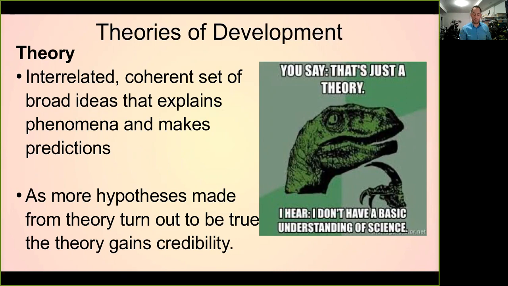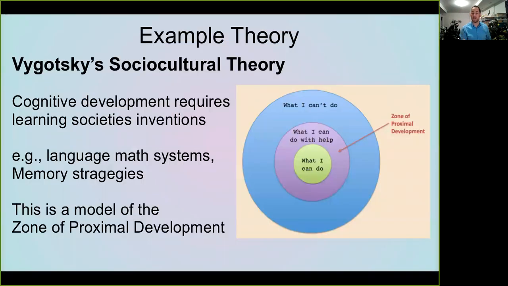So let's give an example. Vygotsky's socio-cultural theory is a theory about development, learning, and cognitive ability. So let's focus on this little model of the zone of proximal development. It's very broad. It focuses on, well, humans can develop and change. They have these things that they can do, that they are capable of. My daughter's capable of, I don't know, let's say speaking 500 words in Spanish right now and understanding, let's just say, a level 1 book.